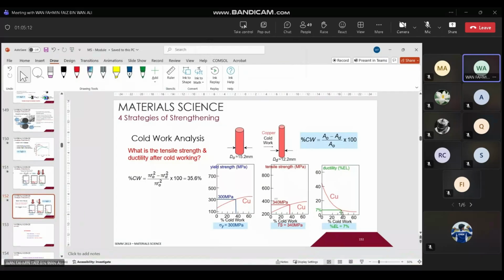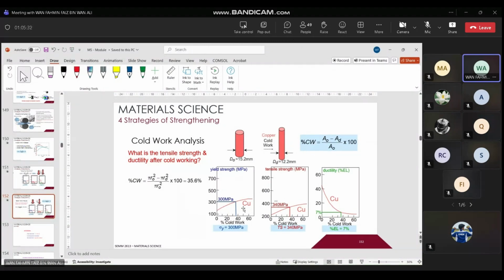So if you look at the percentage of cold work, if you do 0, then ductility is high and the strength is low; the yield strength is low as well. But if you increase the cold working percent, even to about 30%, then you can see major changes in terms of the strength.